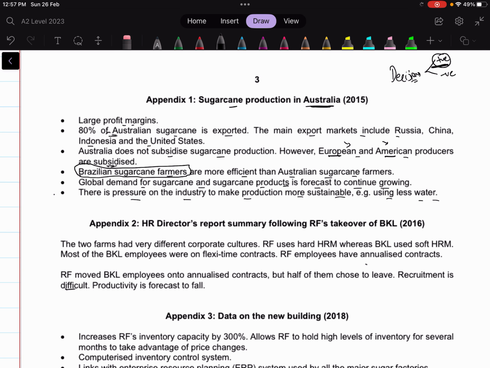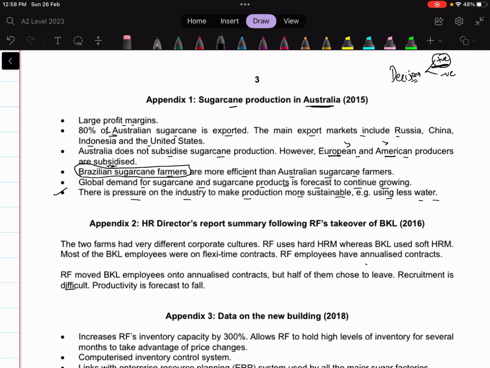Now, for the last point, there seems to be less evidence given in the case study regarding the extent to which Ryan used sustainable methods of farming. So there is pretty much an absence of data, which makes it difficult to evaluate completely how the 2008 to 2015 strategy was successful.